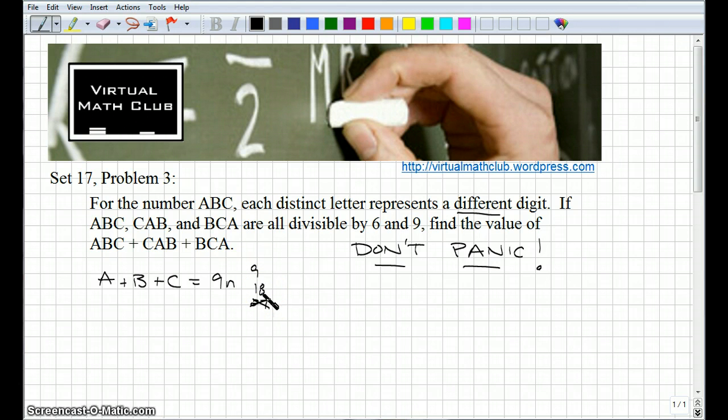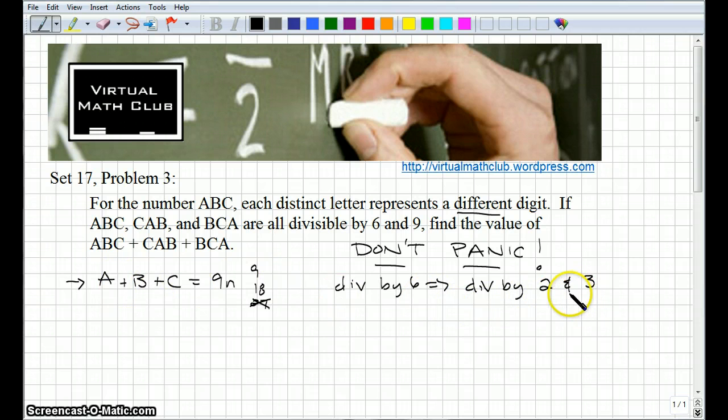Okay, so we know something about this problem. We also know that all of these numbers, ABC, CAB, and BCA, are divisible by 6. So what does that mean? If it's divisible by 6, then it has to be divisible by both 2 and 3. Now, the 9 condition will automatically make it divisible by 3, because if it's divisible by 9, then it's also divisible by 3.